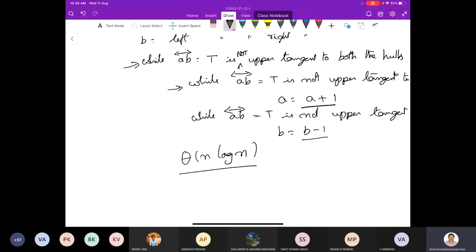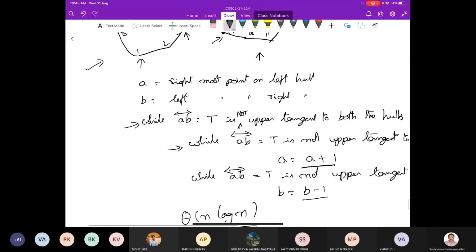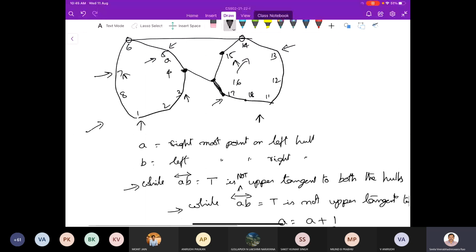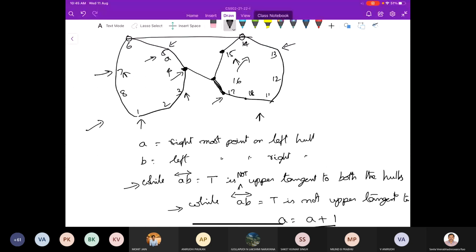Then you will find some implementation issues. For example, if more than one point is the leftmost point, which one do you take? Similarly, if more than one point is leftmost in the right hull, which one do you take?